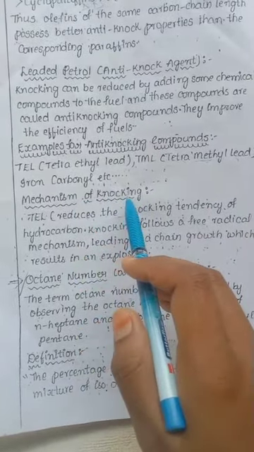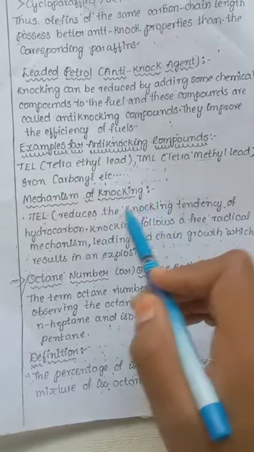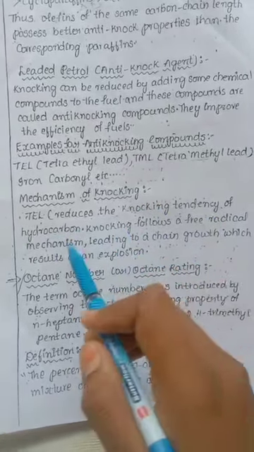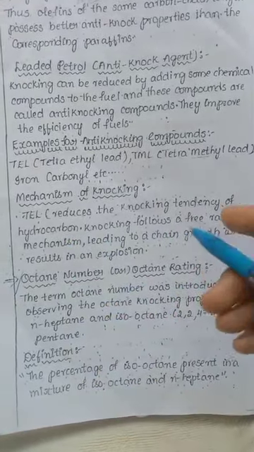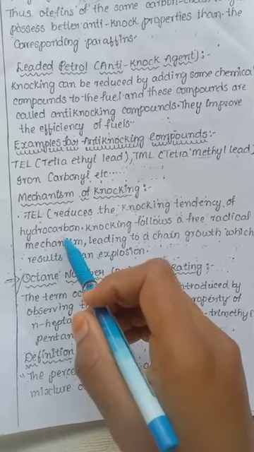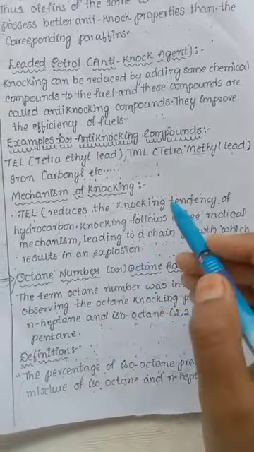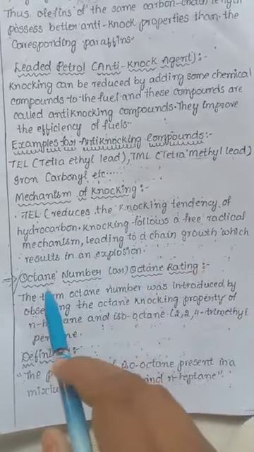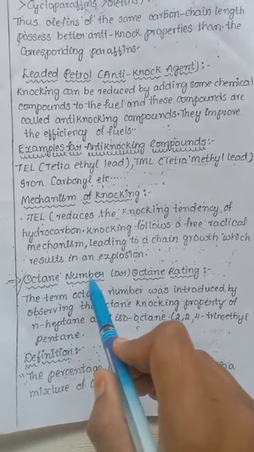Mechanism of knocking: knocking in hydrocarbons follows a free radical mechanism leading to chain growth, which results in an explosion. Another example is octane, with 8 carbons.